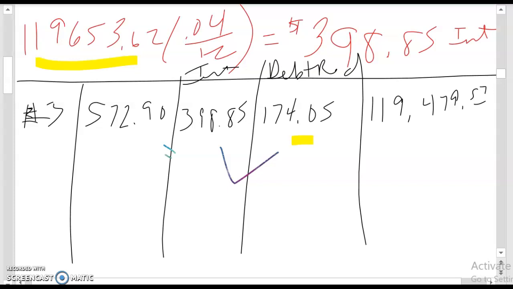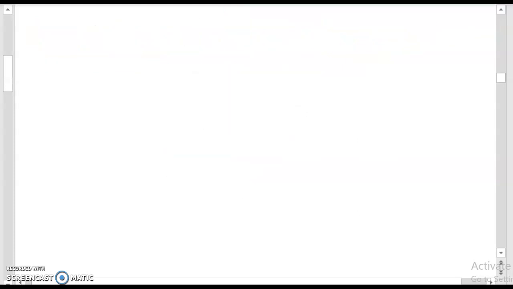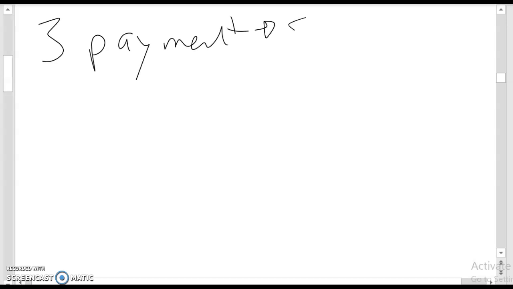Okay, so let's go ahead then, and if you want to cut off now, that's basically it. But I want to just talk real quick about some interesting facts about this, okay? So in those 3 months, you made 3 payments at $572.90. So your 3 payments altogether were $1,718.70. 3 house payments.